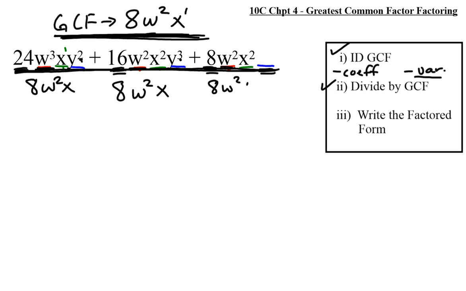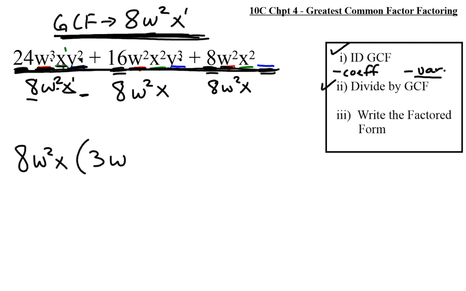So I like to write it underneath each of them just so I don't make mistakes. Remember, 8w squared x is our first factor, and now I'm finding the others. 24 divided by 8 is 3. W cubed divided by w squared, subtract exponents, and it's a w1. X1 divided by x1, subtract exponents, it's x0. We don't even need it.